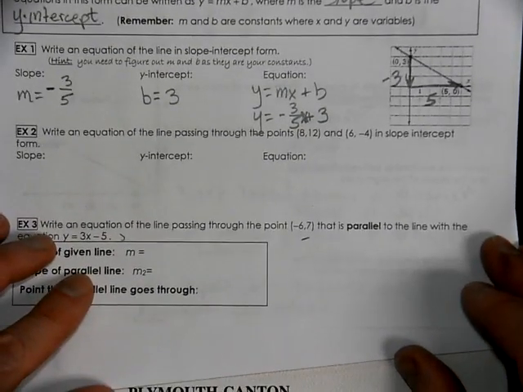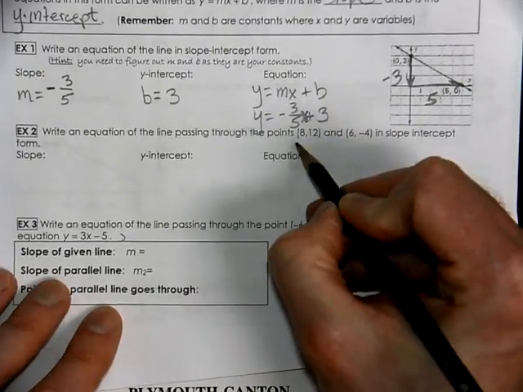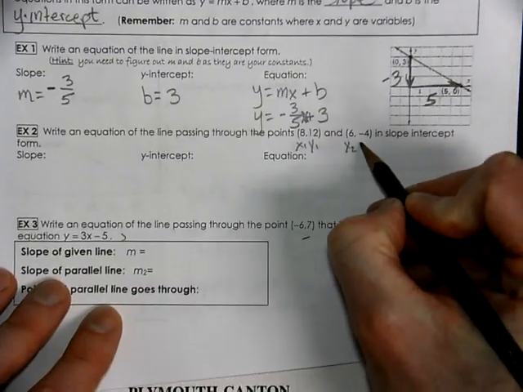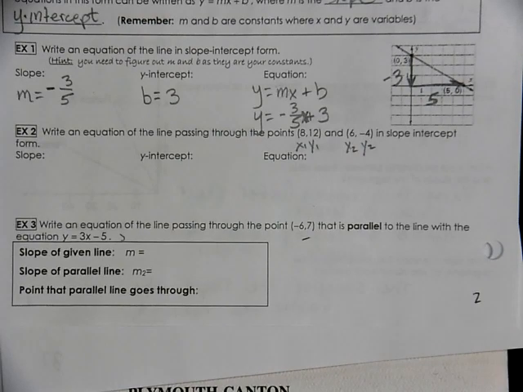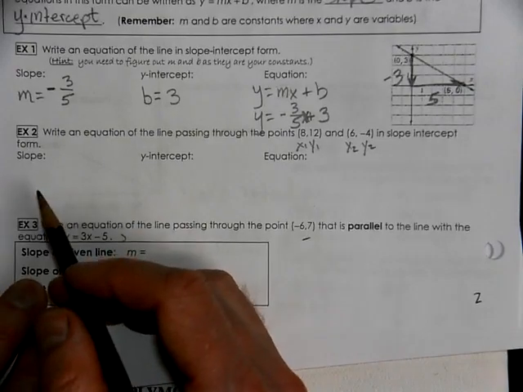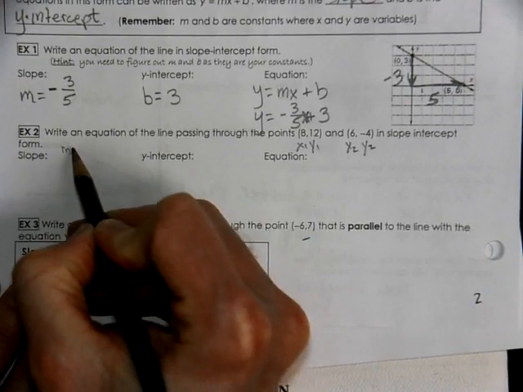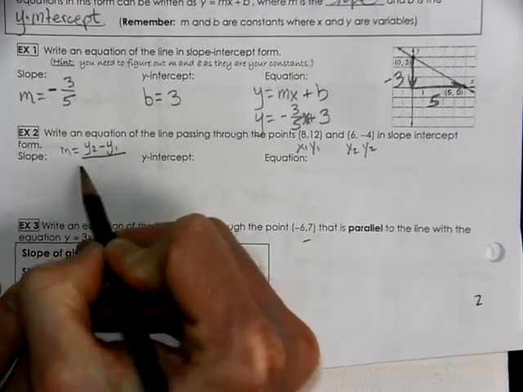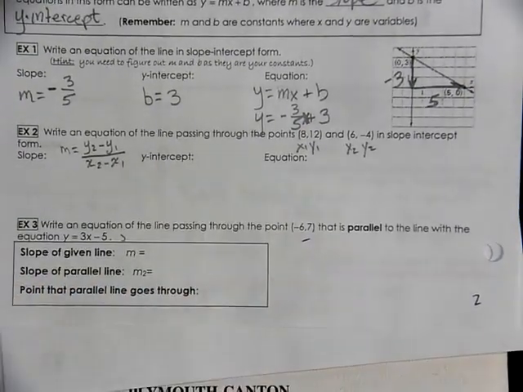Now, what if we were given just 2 points? This could be our x1 and our y1, our x2 and our y2. For us to calculate the slope so that we can write the equation of the line, we need to know that it's y2 minus y1 over x2 minus x1.